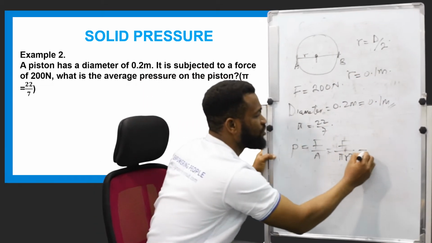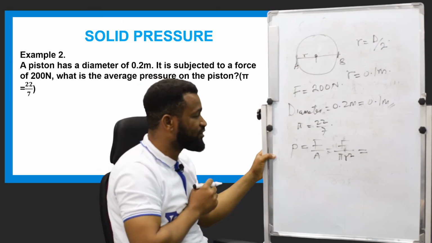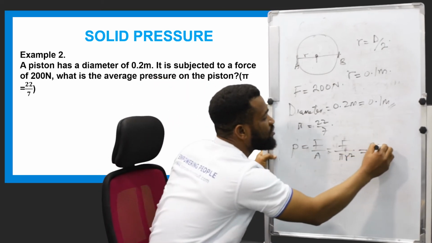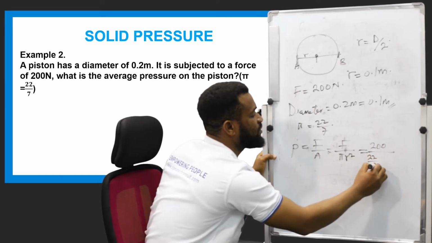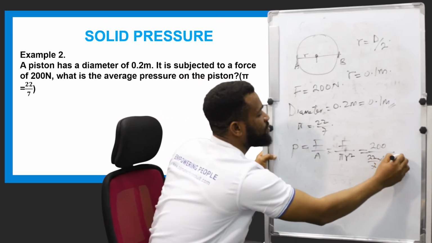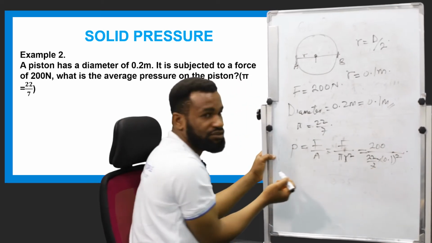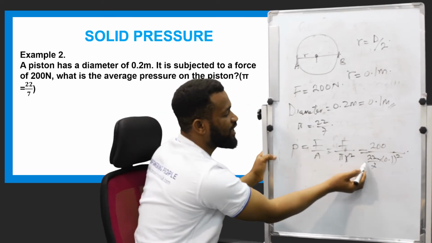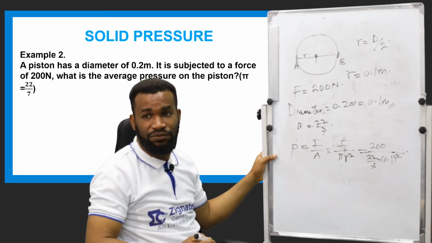And I continue and put these parameters into the relation given. So the force is 200 Newton all over pi, which is 22/7, times r, which is 0.1, squared, because the r is squared, and that is why 0.1 is also squared here. The pi is 22/7, which is approximately 3.142.